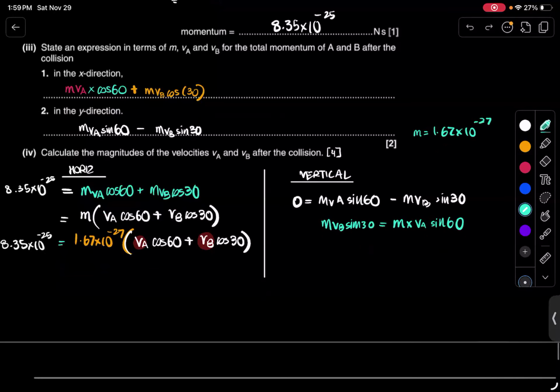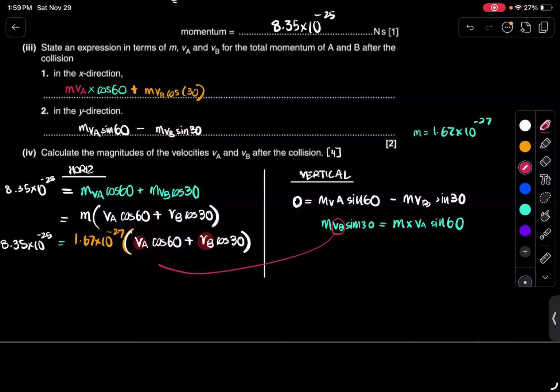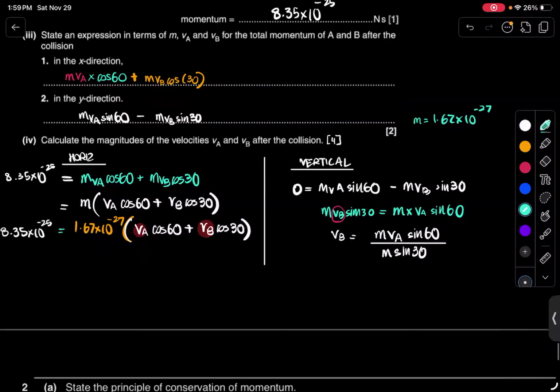What if I were to make VB the subject? I could make either one. Would that be fine? Yes. So VB should equal MVA sine 60 divided by M sine 30. Do you see that the M's are going to cancel out? Yes, they are.